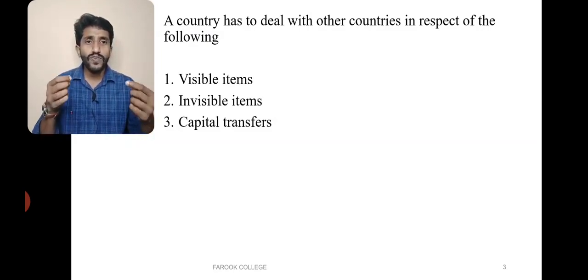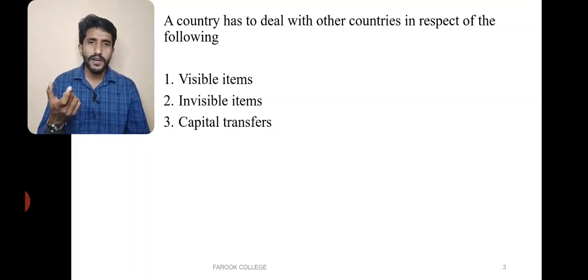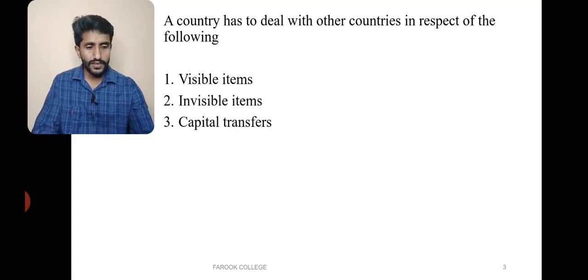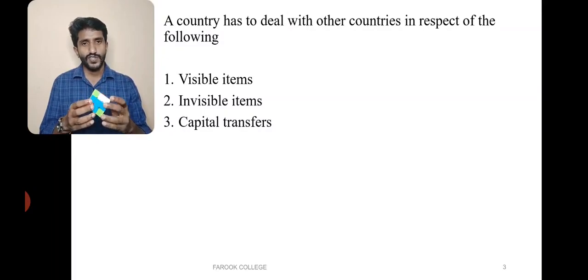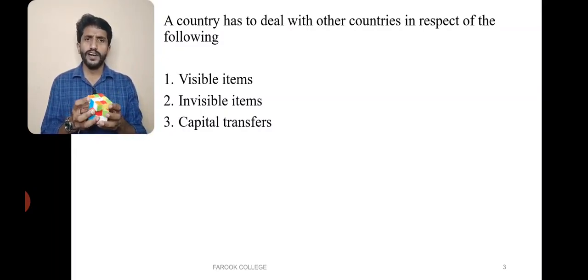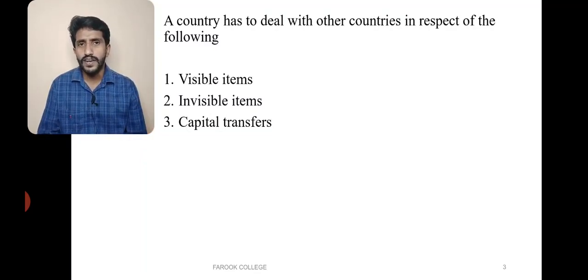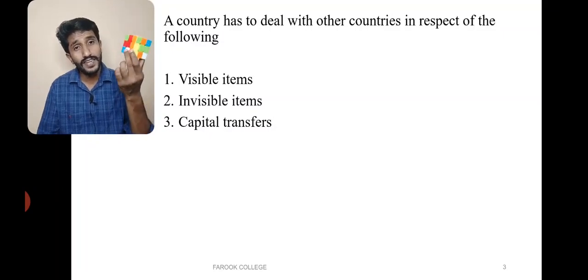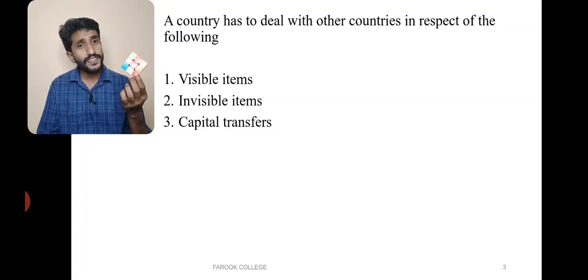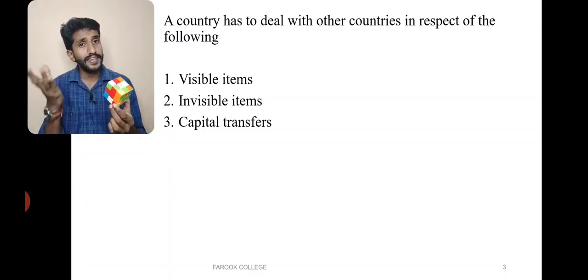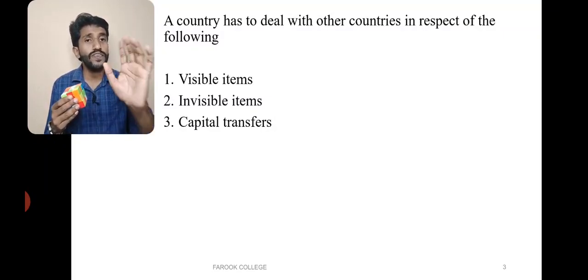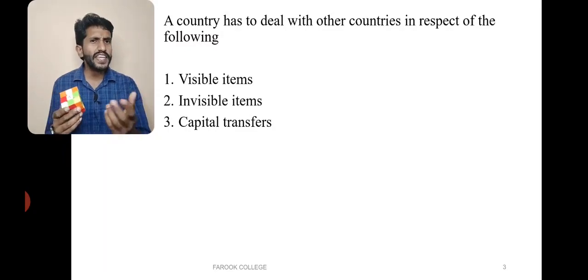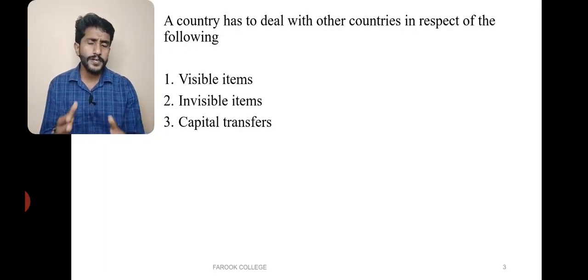A transaction in visible items, for example, a Rubik's Cube, which is the top selling toy in the world. I can export this Rubik's Cube to any other country. This is a visible, tangible item, and it is included in the export of visible items.